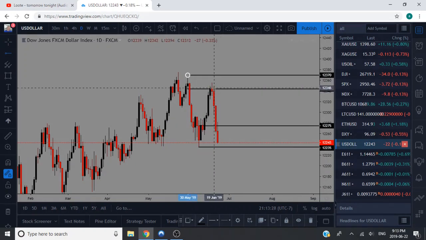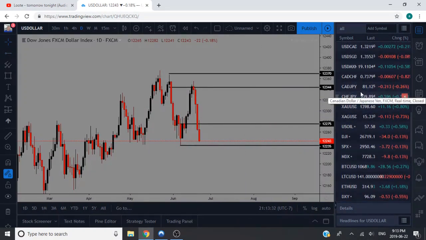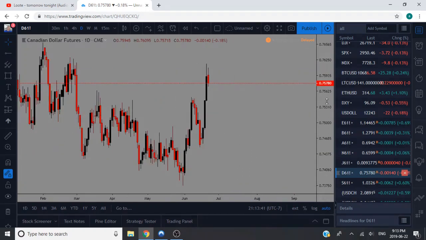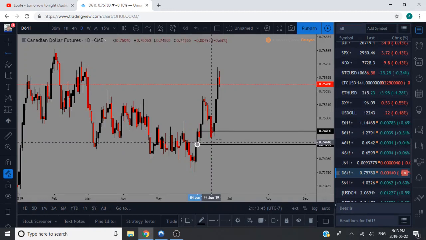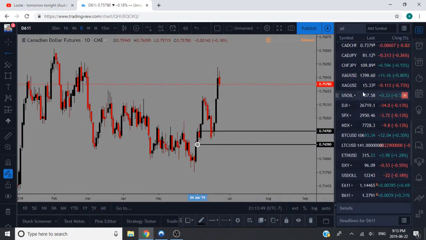We were coming up into supply. I was bearish on it, and we matched it up with the Canadian. The Canadian was in demand, I believe. So price was coming into here.